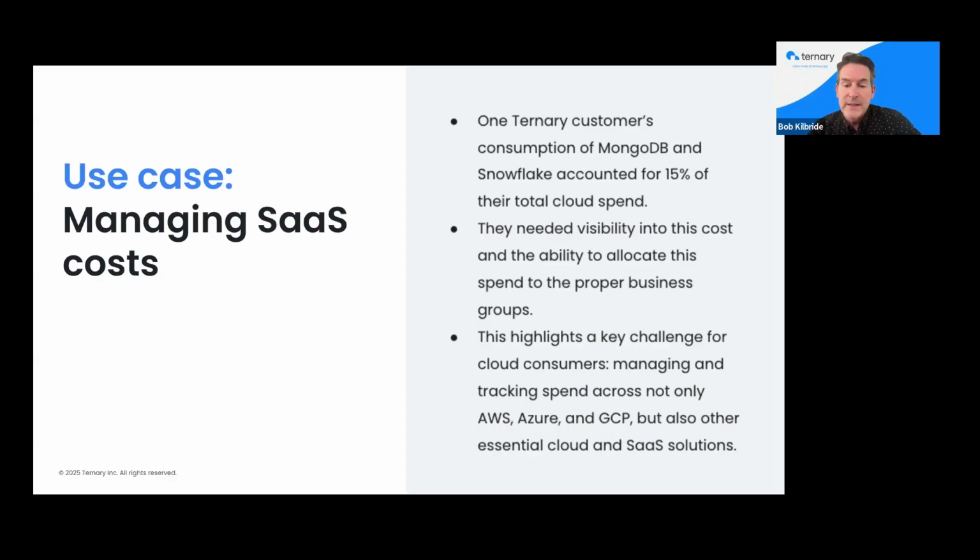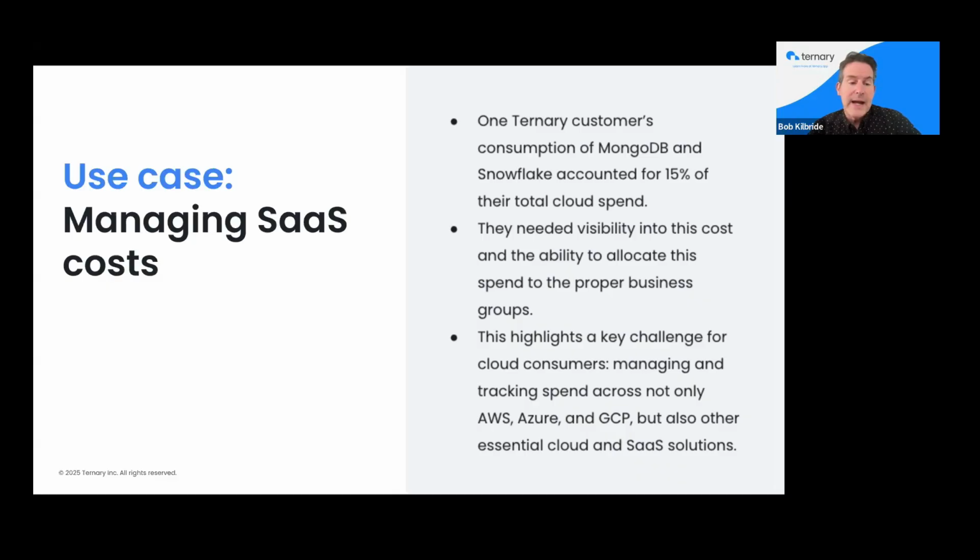And what this highlights is this challenge for cloud consumers to go beyond tracking spend with AWS, Azure, and GCP, which is the way that it used to be. Just give me the visibility and the optimization and help me operate for AWS, Azure, and GCP.